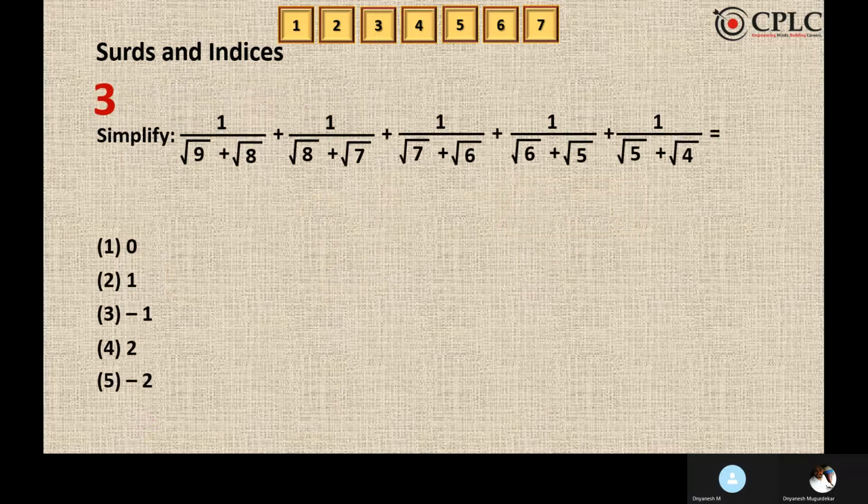Third one, simplify the following expression. Now don't get scared with this. Just consider the first number and we'll use rationalization. So rationalization is multiplying both the numerator and denominator with the conjugate. So the conjugate of root 9 plus root 8 will be root 9 minus root 8.